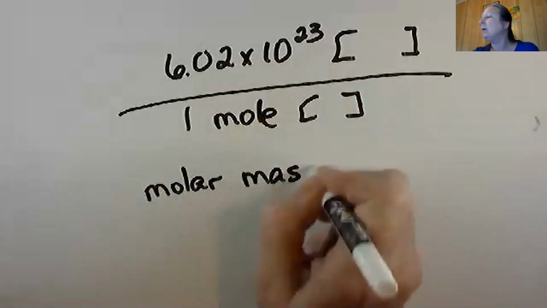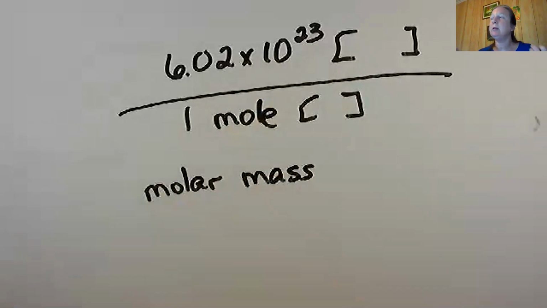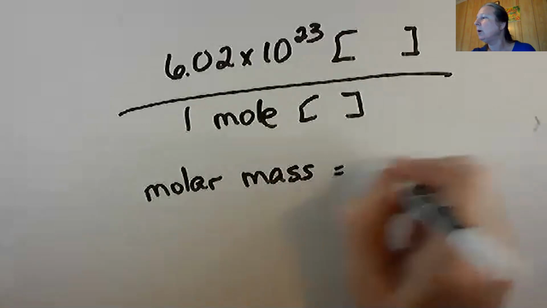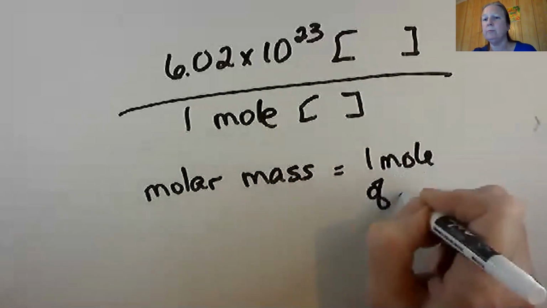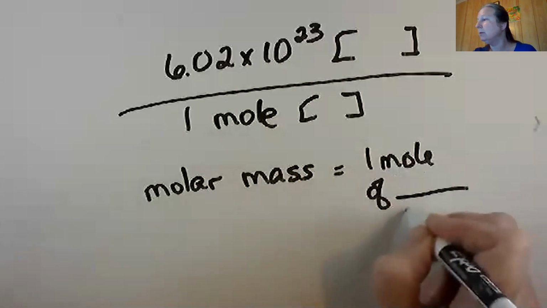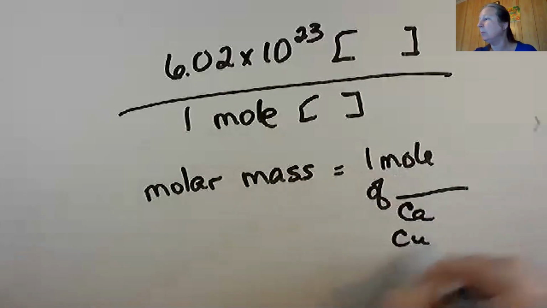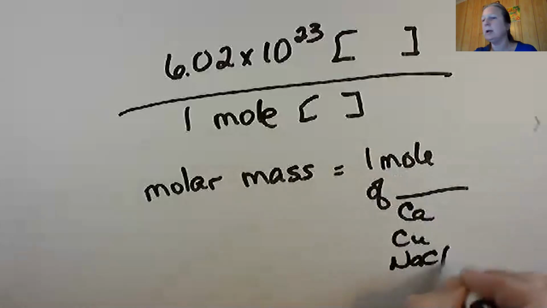And when we give a mass in atomic mass units, AMU, that's for the individual, 1 atom, 1 molecule. Molar mass is for 1 mole of anything: calcium, copper, sodium chloride, it doesn't matter.